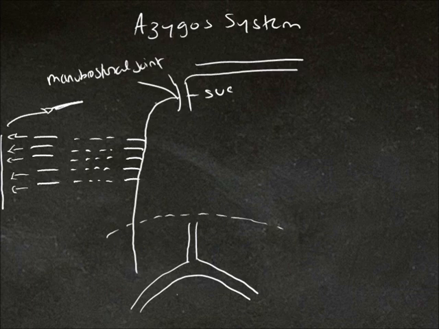So you have your azygos vein, your posterior intercostal veins, anastomosing with your anterior intercostal veins, which go to the internal thoracic vein, which in turn goes to the brachiocephalic vein.